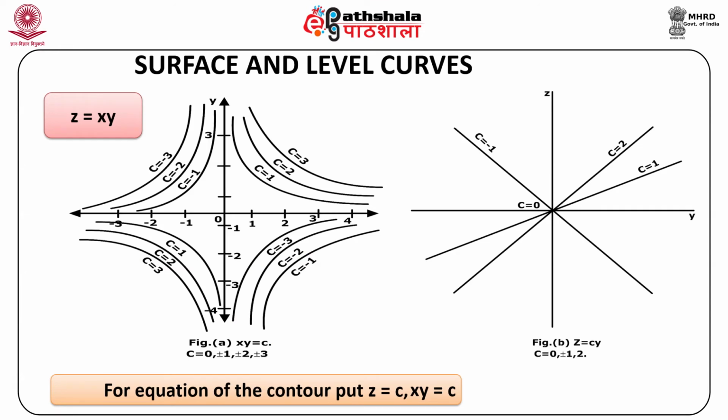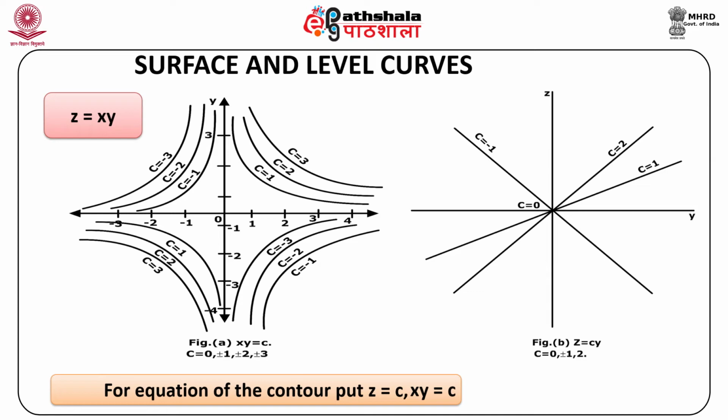Figure shows a contour map A and traces B for the function z is equal to xy. For equation of the contour, put z is equal to c, which implies xy is equal to c. This gives the equation of a rectangular hyperbola with asymptotes being x equal to 0 and y equal to 0.